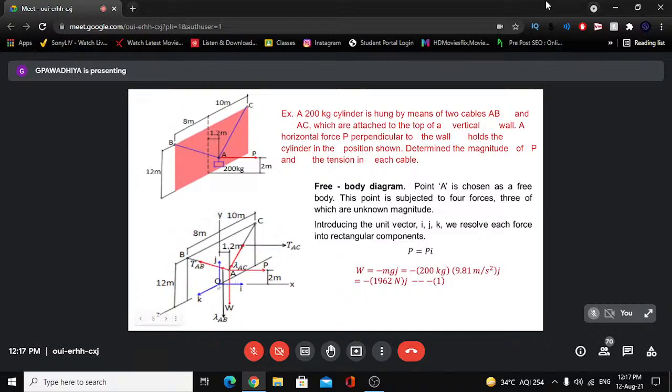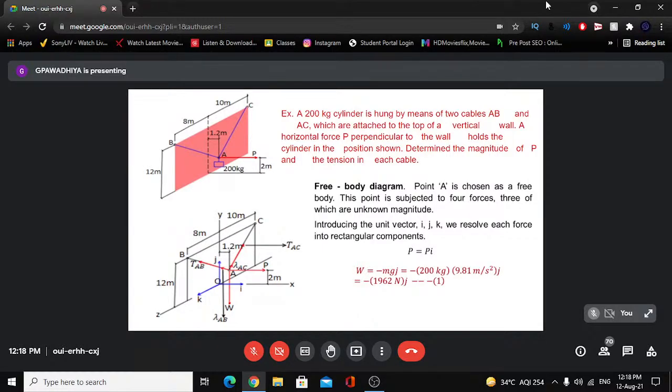So the origin of the coordinates of all the points here is O for the wall. Now B is located at 0 in x, 12 in y and 8 in z direction. Similarly, C is located at 0 in x, 12 in y and minus 10 in z direction.